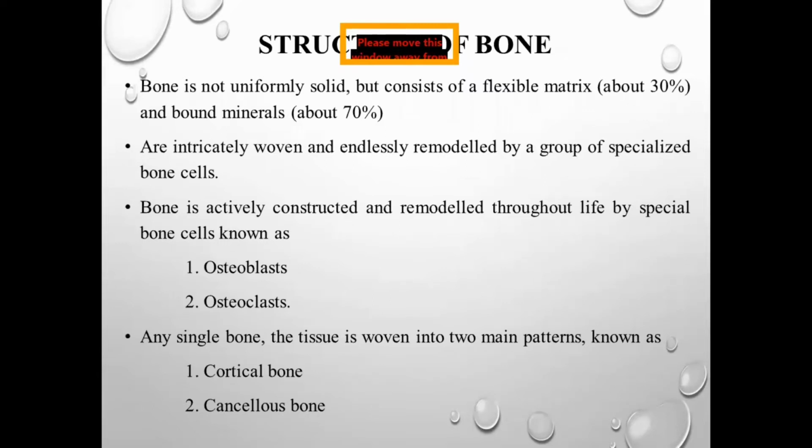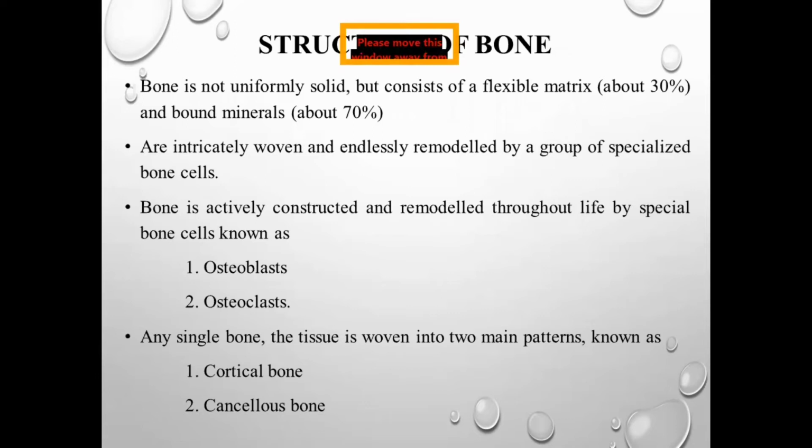It is intrinsically woven and endlessly remodeled by a group of specialized bone cells. That's very important. There are two bone cells present in the bone, which play a major role in the remodeling of the bone, in ossification, in the formation of the bone.